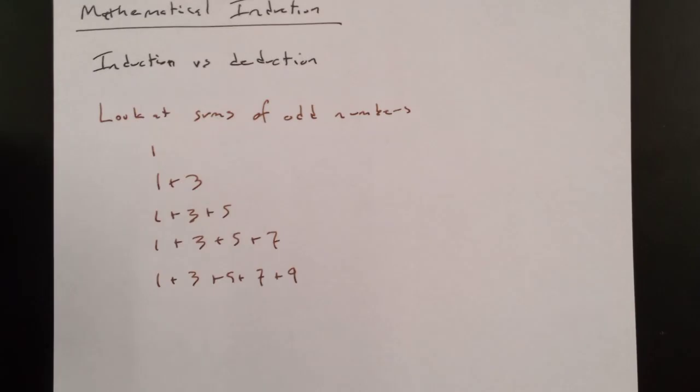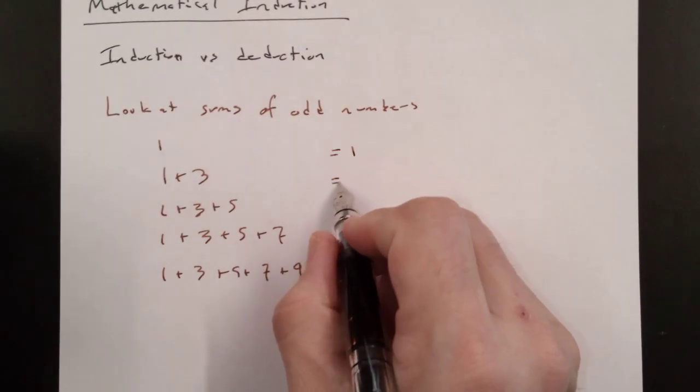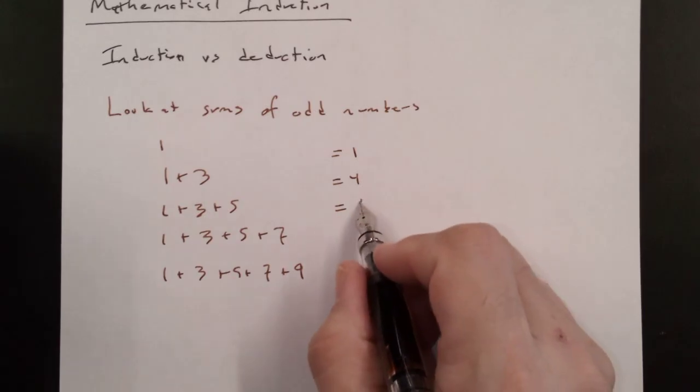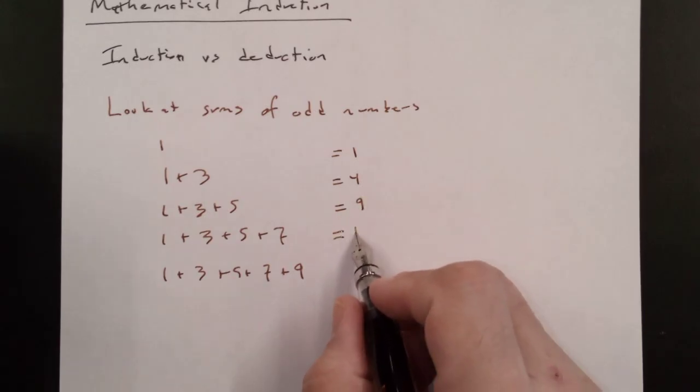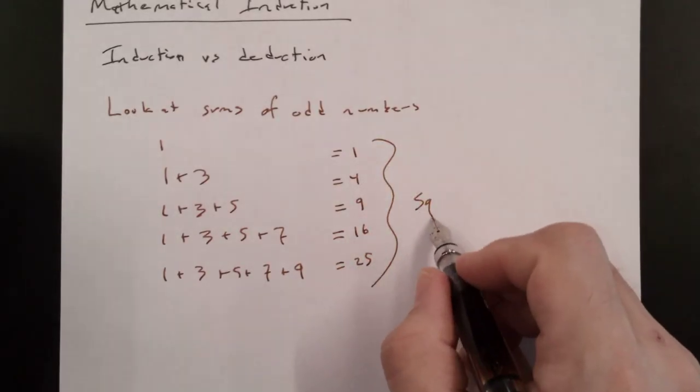Add these sums up to give me totals? Like 4 is 2 squared, 9 is 3 squared. 16 is 4 squared, 5 squared.